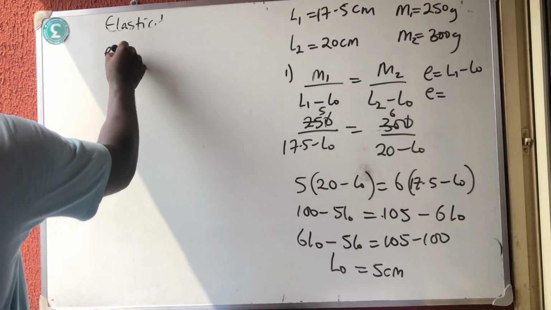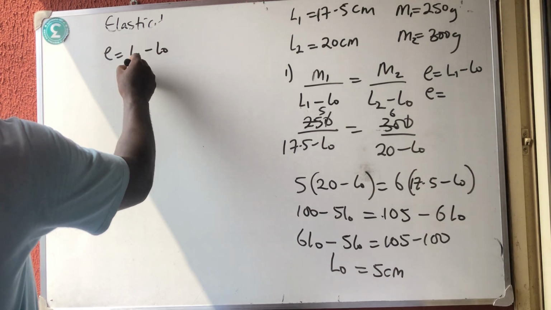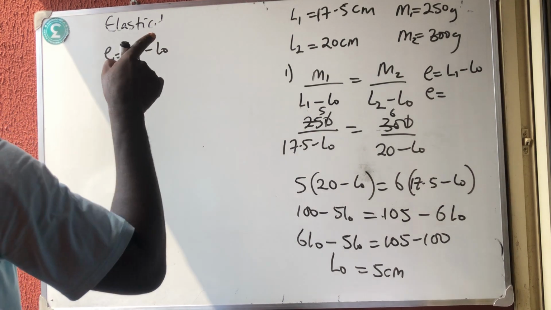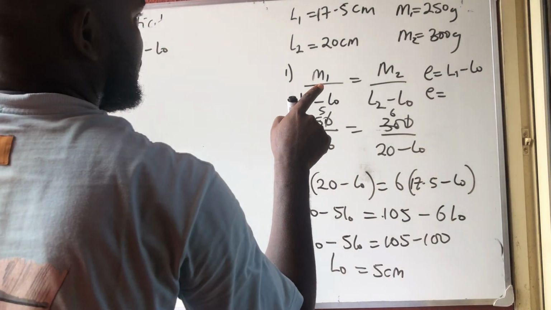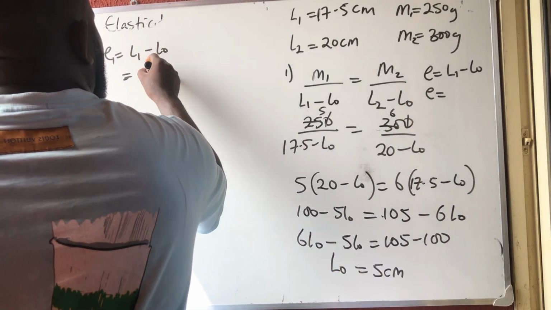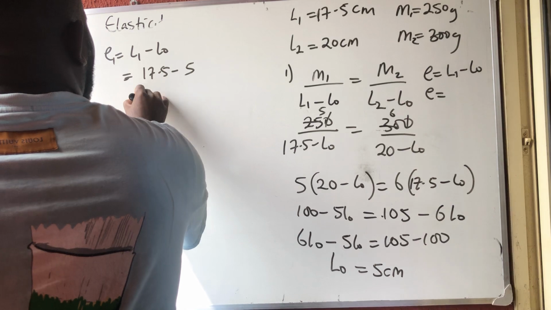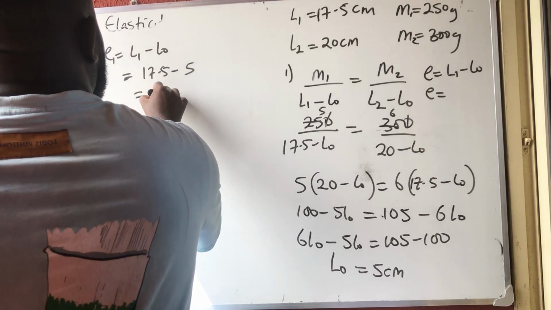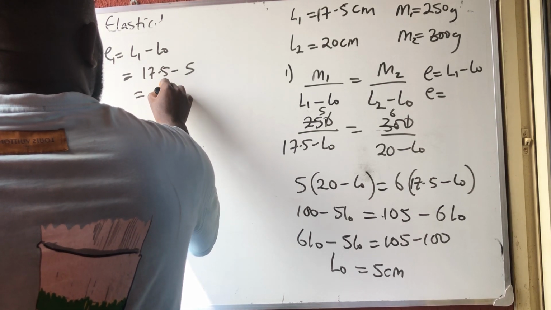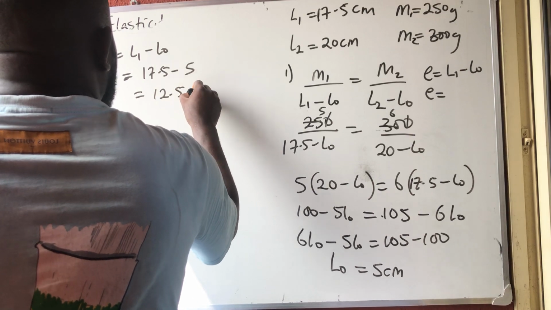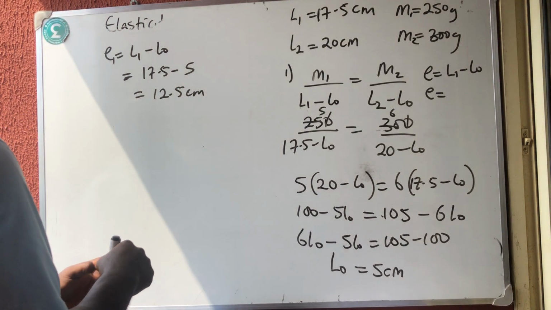The extension is equal to L1 minus L0. The first extension, when that one is hung, should be equal to 17.5 minus 5, that is 12.5 cm. So this is the extension.